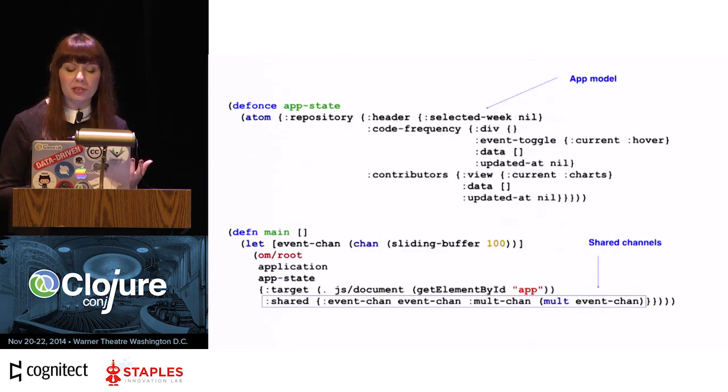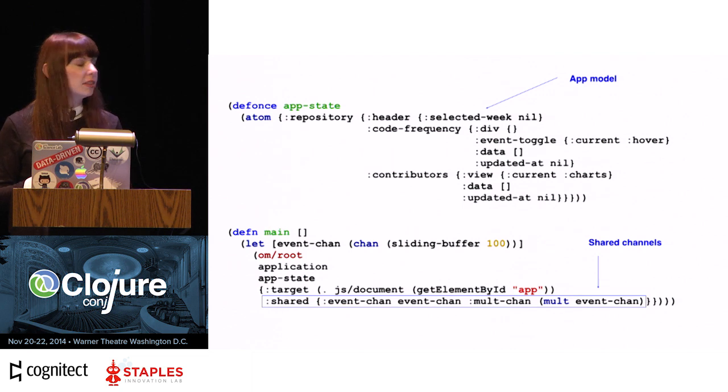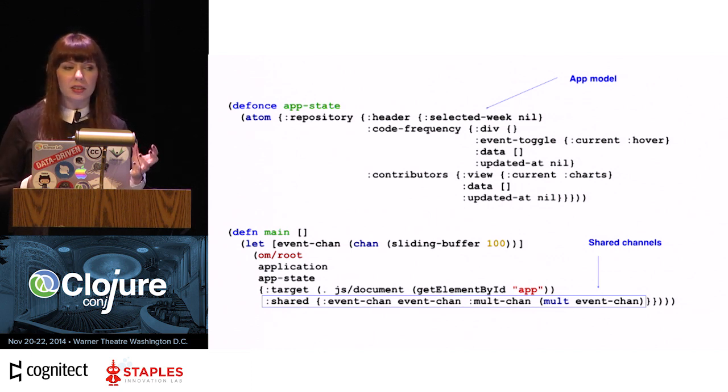That's the starting point of the UI. The application model is a map. Each key represents roughly a different component. The application is attached to a div with an ID app, and I use the shared state to store corresponding channels there. So the event channel goes to the main chart. When you hover over something or click on something, the timestamp you hover over is put down the channel.